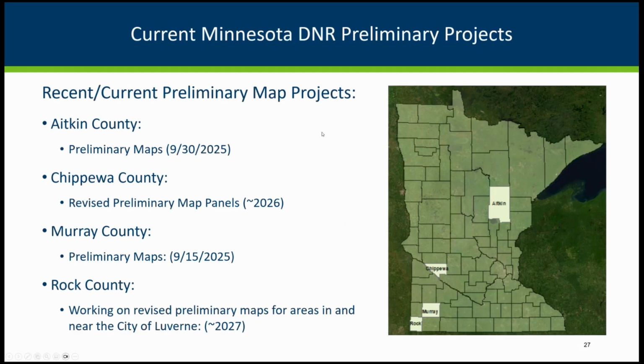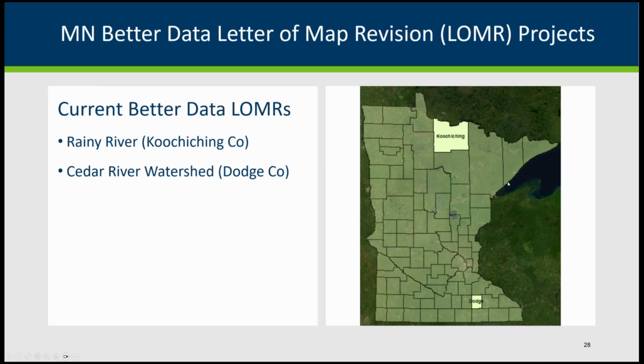We have some current and recent preliminary map projects as well. So in Aitkin, Chippewa, Murray County, and Rock County. We do occasionally work with FEMA to update some mapping. So we do some letters of map revision using the better available data. We have 2 of those projects underway in Koochiching County with the Rainy River, and also the Cedar River watershed in Dodge County.